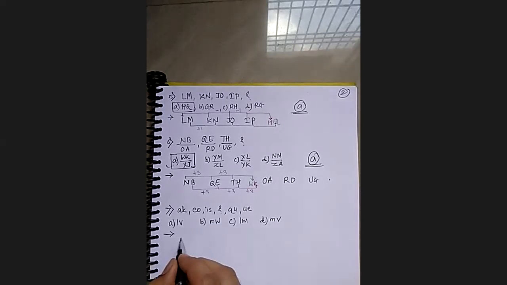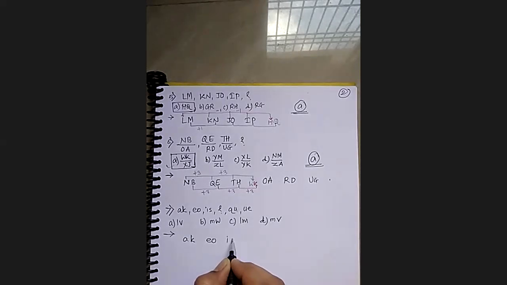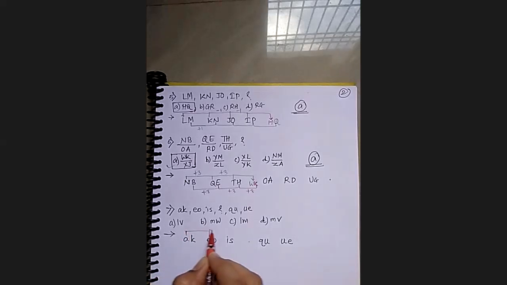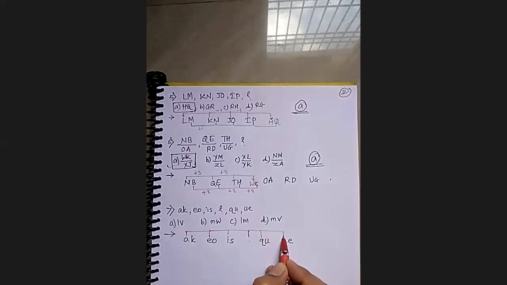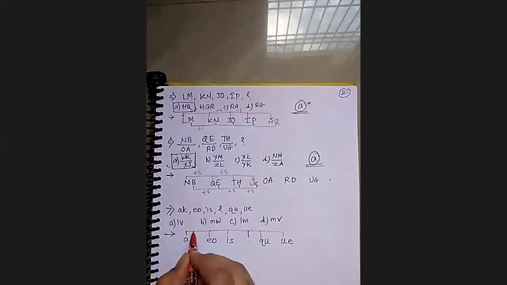Okay, let's find out. So A, K, E, O, I, S, here will be the answer. Q, U, U, E. So again, you have to find out the relationship between A, E, I. That will give you the first letter in the answer, with Q and U. So here the relationship: A plus 4 will be E, plus 4 will be I, plus 4 will be now, obviously, I, J, K, L, and M, that is M is the first letter, right?